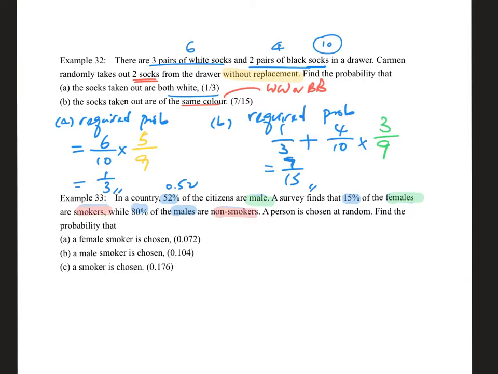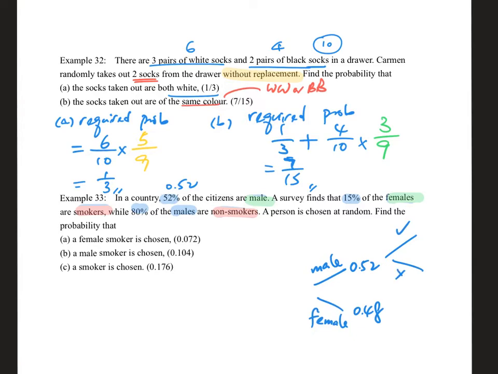So in this situation, bear in mind that drawing a table, not really a table, a tree diagram, may help you. So I like to do it in this way. First of all, male is 0.52, so the opposite, complementary event, female, is 0.48. For smoke and not smoke, I use tick and cross.